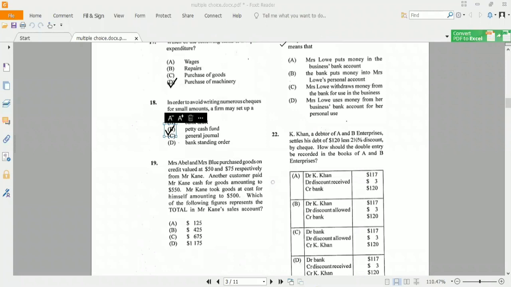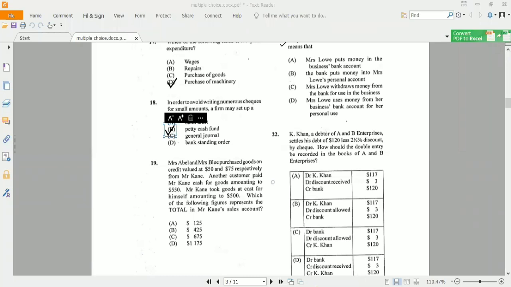And we begin. Mrs. Abel and Mrs. Blue purchased goods on credit valued at $50 and $75 respectively from Mr. Kane. So what they're saying is that Mr. Kane sold goods valued at $50 and $75. Another customer paid Mr. Kane cash for goods amounting to $550.